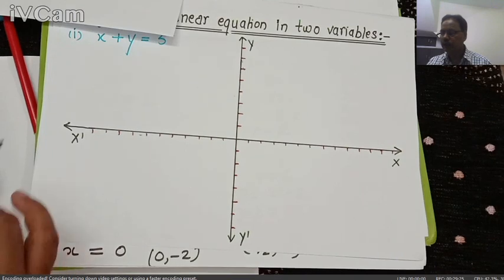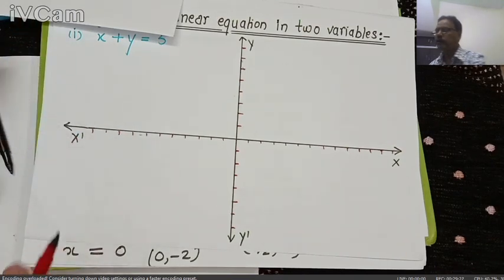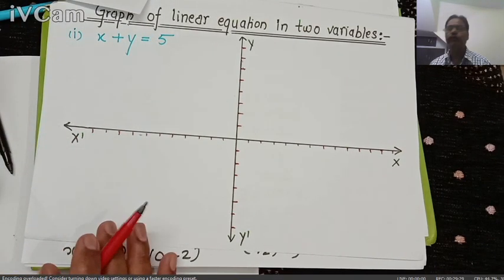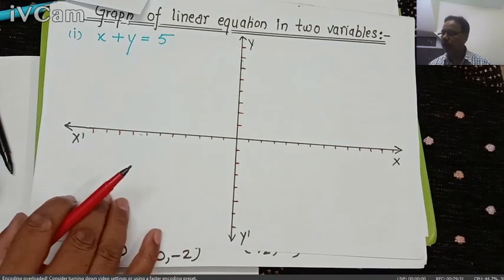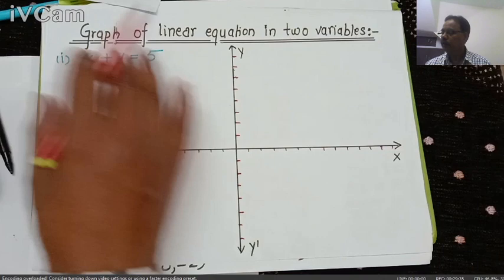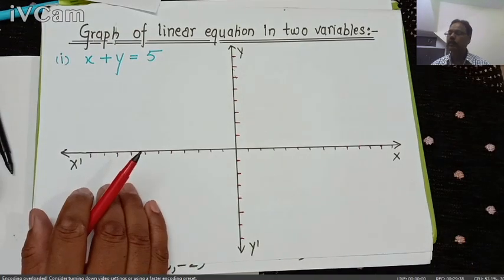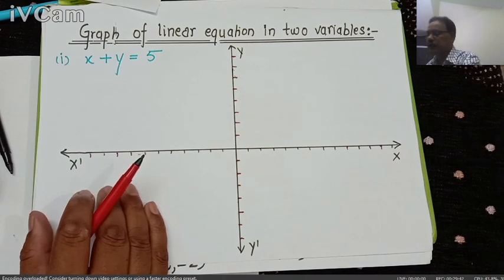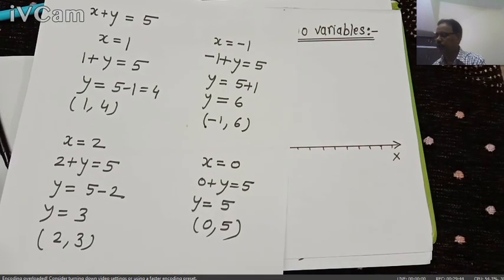Now we are going to plot these points on the graph paper as we have learned in the previous chapter, in coordinate geometry.